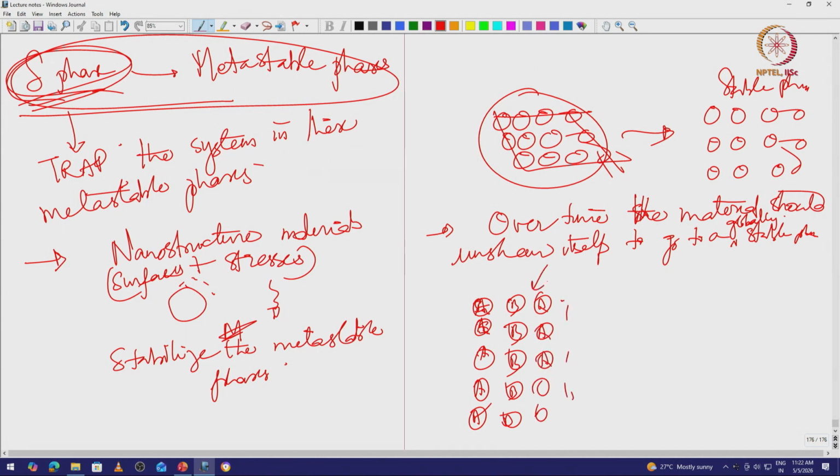Now this is a metastable state. This ordering is just because of some kind of kinetic trapping.